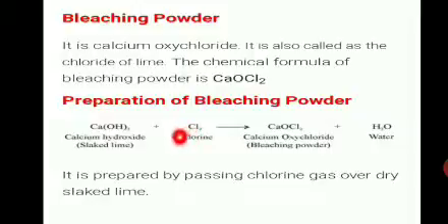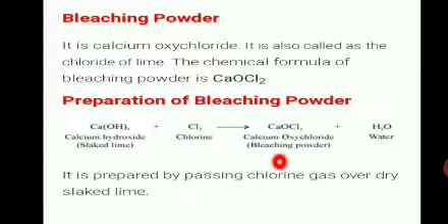How is it prepared? It is prepared by passing chlorine gas over slaked lime. All of you know that calcium hydroxide is commonly known as slaked lime. When chlorine gas is passed over slaked lime, what we get is bleaching powder, calcium oxychloride, plus water.